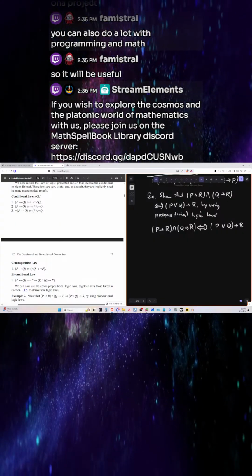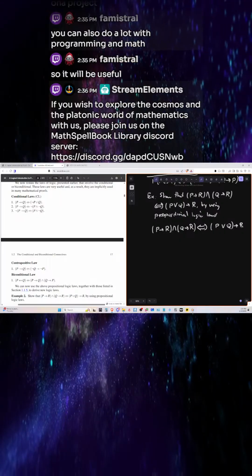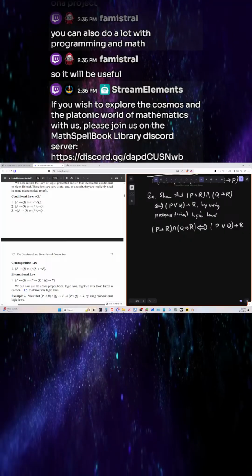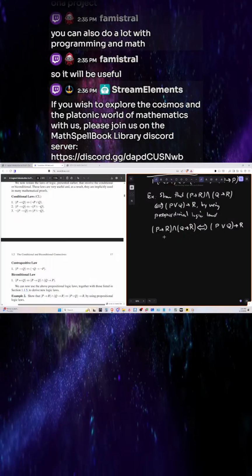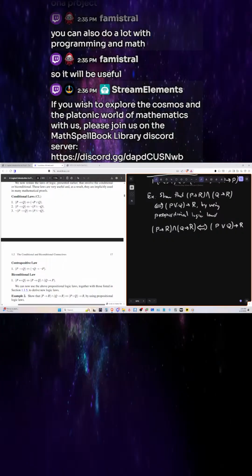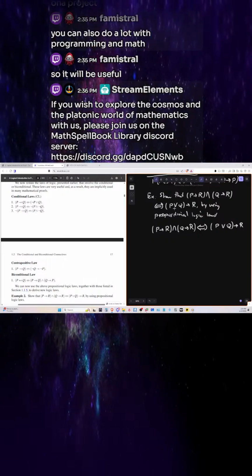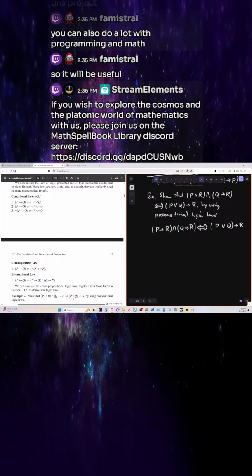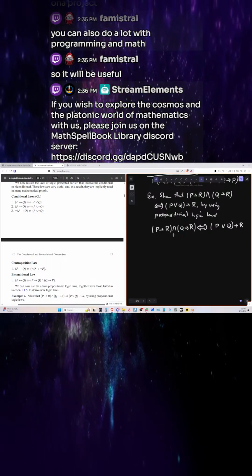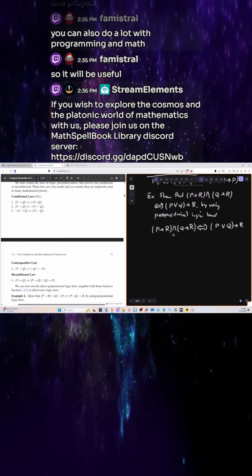It kind of feels like that type of scenario. You could use the distributive property and remove these, but the problem says it has to be an or statement at the end, and this is an and here.